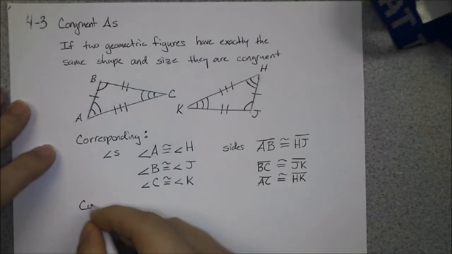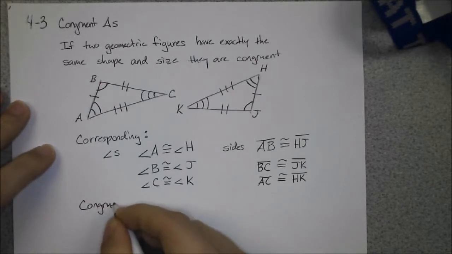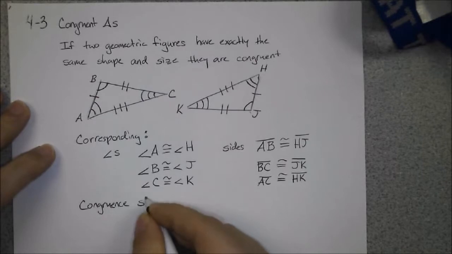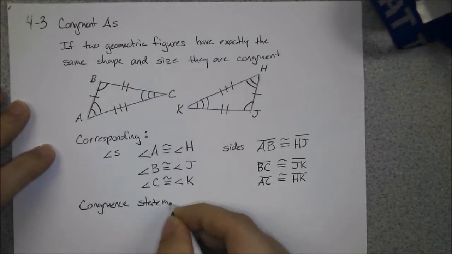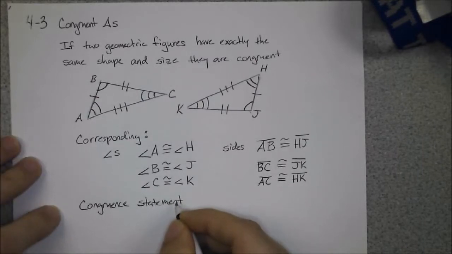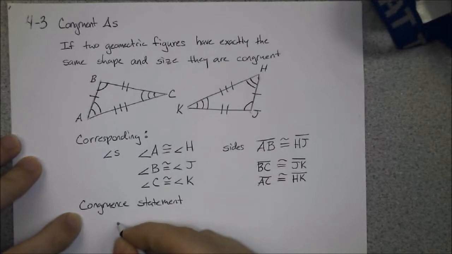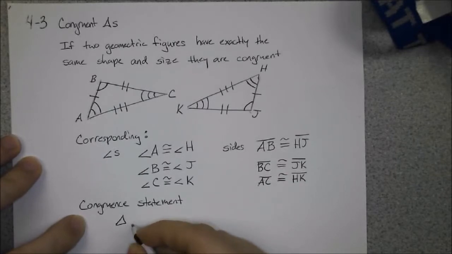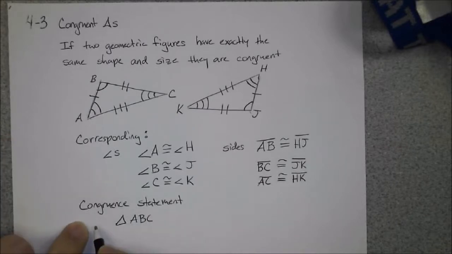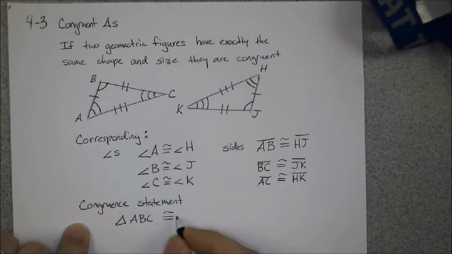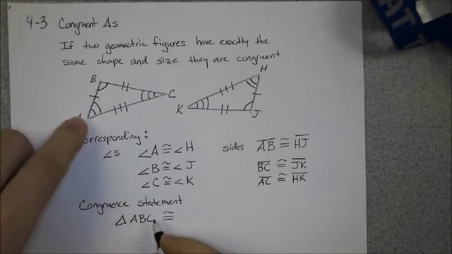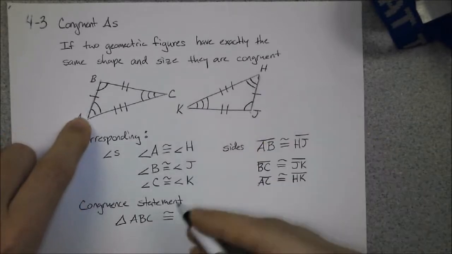So the next thing that we have to do is write the congruent statement. Now the congruent statement, since these are triangles, we're just going to use a little shape for triangle. Triangle ABC, and if it was a polygon, you would just write polygon ABC, is congruent to, and again, order is important. So A has 2, H has 2.